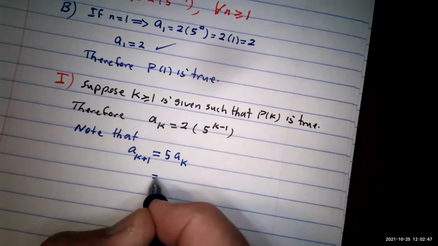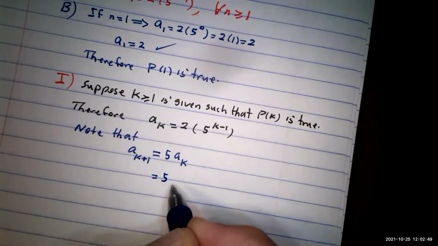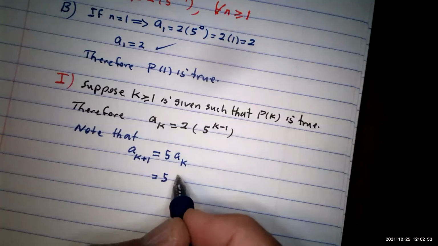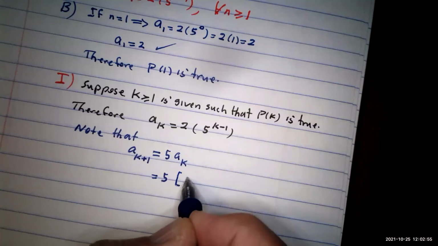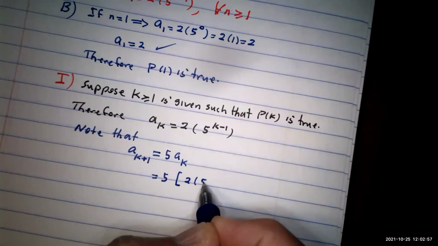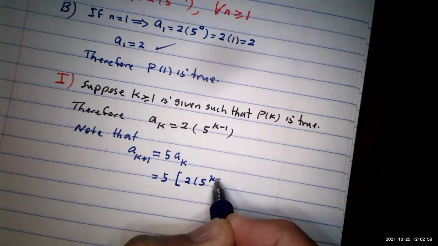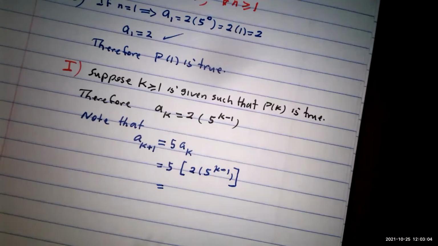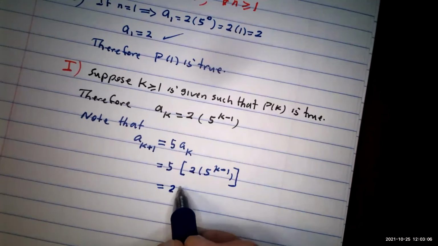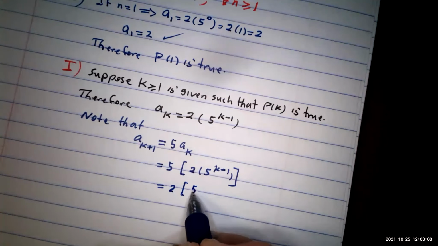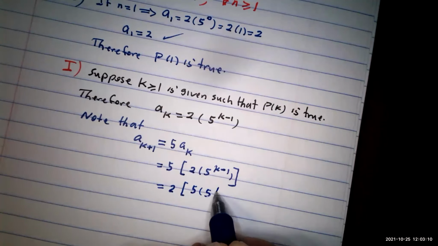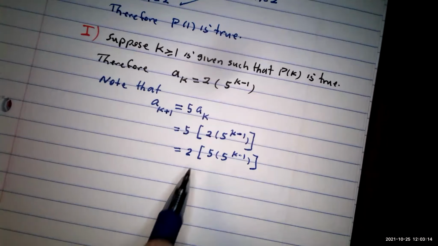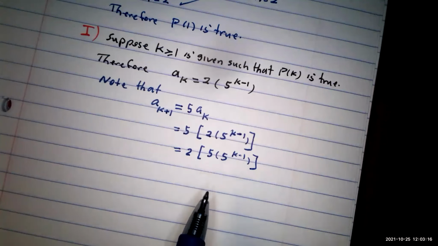Substitute, like the one in your quiz. 5 times ak. Put a bracket here: 2 times 5 to the k minus 1. Flip the 2 and the 5: 2 times 5 times 5 to the k minus 1. Now 5 times 5 to the k minus 1 would be 5 to the k.